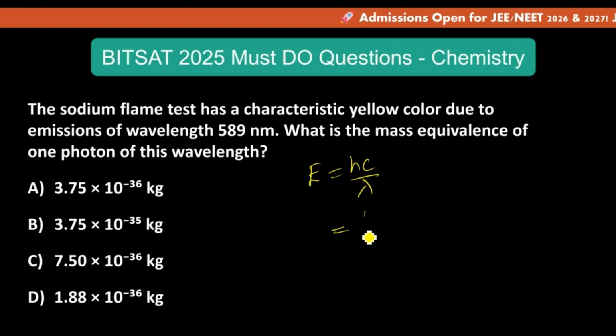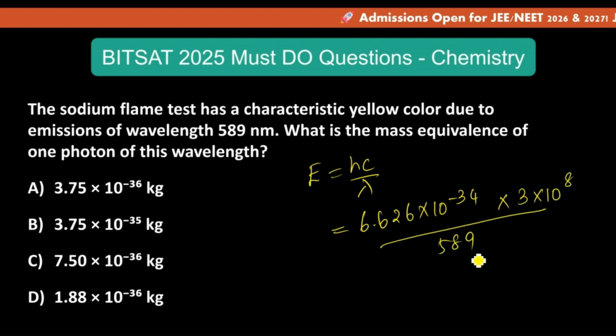So let's substitute the value: 6.626 into 10 to the power minus 34 into c, which is 3 into 10 to the power 8, divided by 589. It is given in nanometers, I'm converting into meters, minus 9. So the E value, I'm getting it as 3.37 into 10 to the power minus 19 joules.